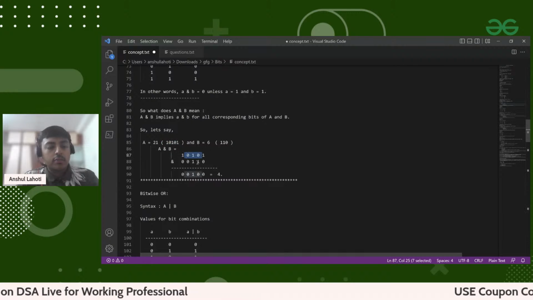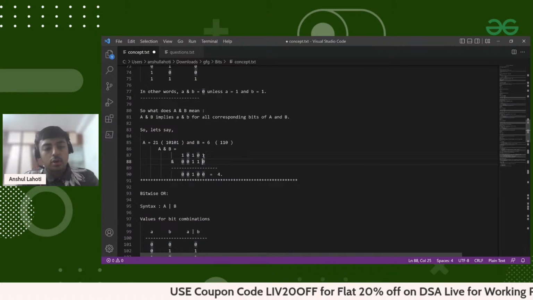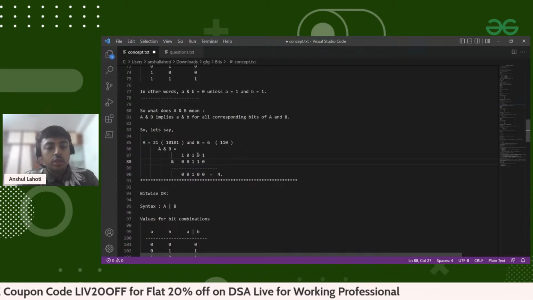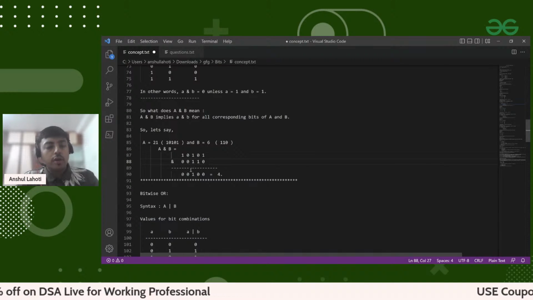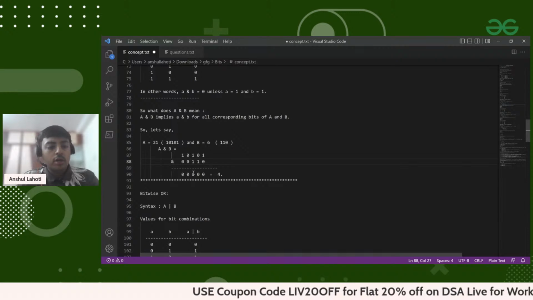If we take the AND here, 1 AND 0, the last digit, will be 0. Same here, 0 and 1 will be 0. 1 and 1 will be 1, otherwise all the other conditions will be 0. So here we got 0 0 1 0 0.